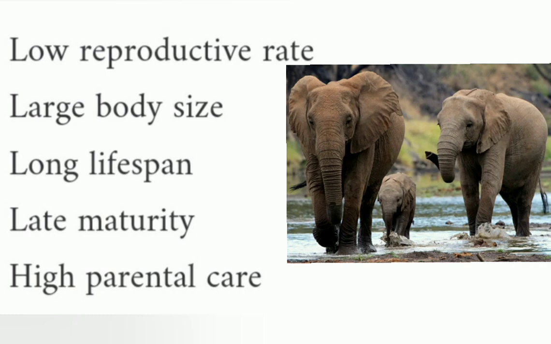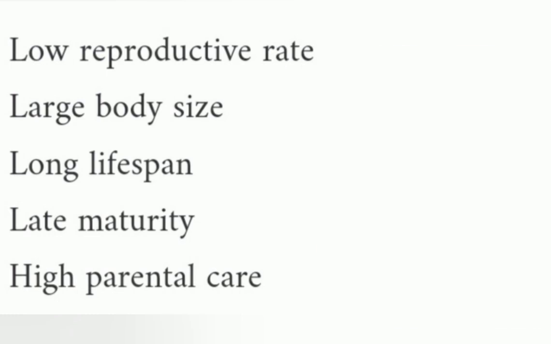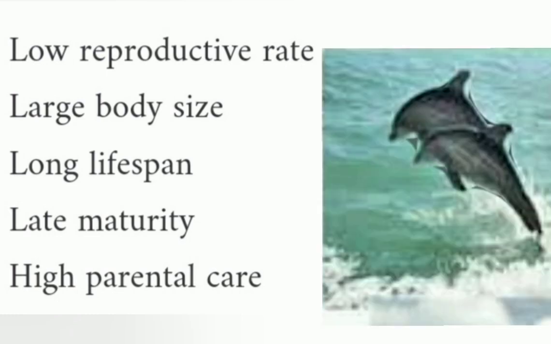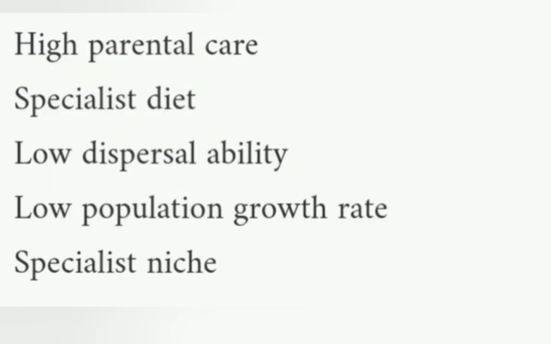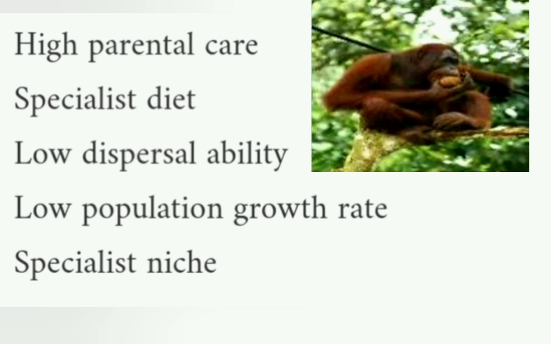Human beings have a low reproductive rate, body size is pretty large, and lifespan is also comparatively much longer. They mature late, that means they don't mature too early, and parental care is terribly high.